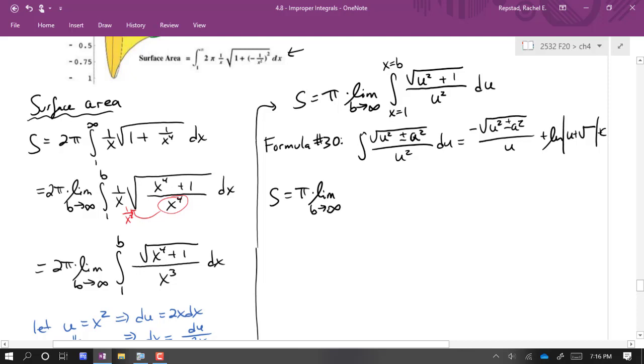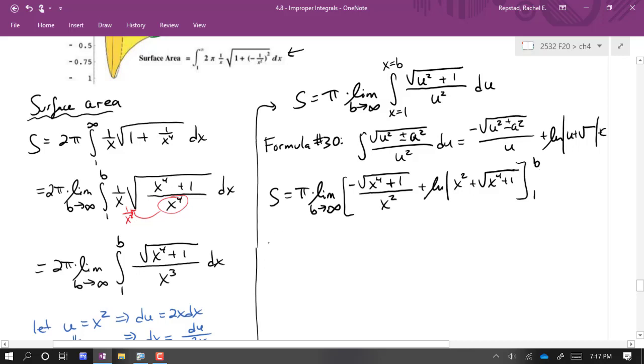So let's apply this. It's the limit as b approaches infinity of negative radical u squared plus a squared. So u is equal to x squared, so this would be x to the fourth plus 1, a is equal to 1, over u, that's over x squared, plus ln of absolute x squared plus the radical x to the fourth plus 1, from 1 to b. And we're going to plug in these limits.